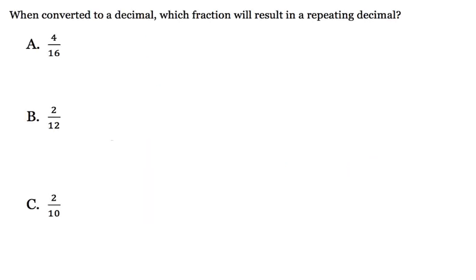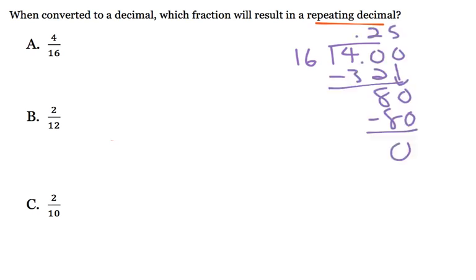Alright, and the state test always throws a couple questions like this that have to do with fractions that turn into repeating decimals, that have digits that go on and on and on. So I'm going to change each of these fractions into a decimal. 4 divided by 16, or 4/16, you could do this. And if you were to do that, it would look something like this.